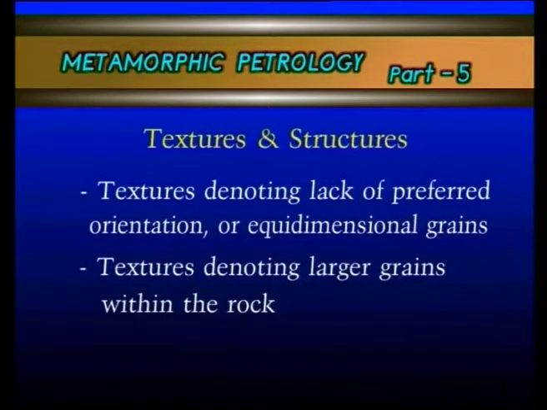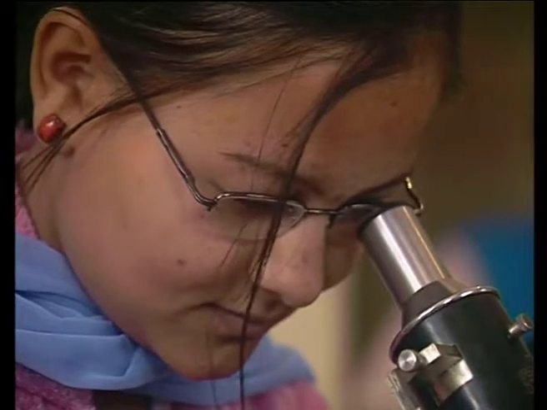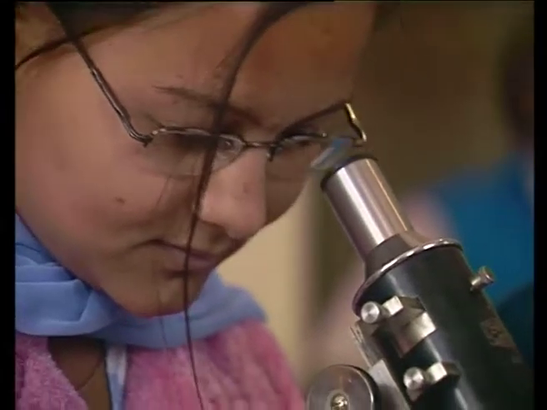Normally, if we see the different rock types as well as the textures and structures in this category, then we can see the hornfelsic textures as well as the granulose structures.